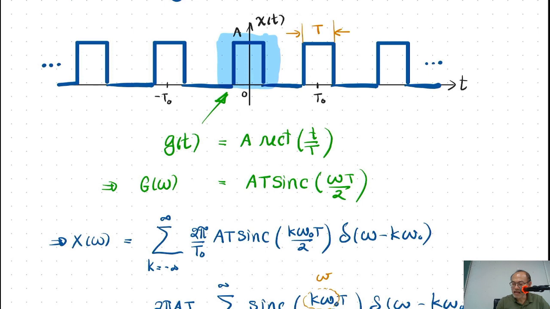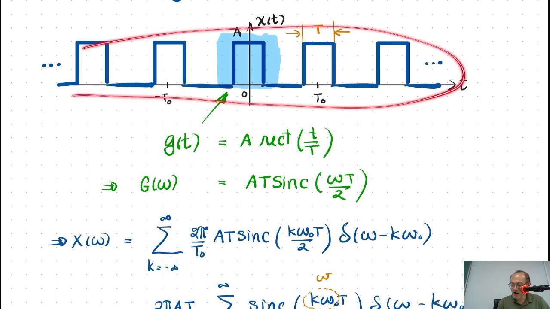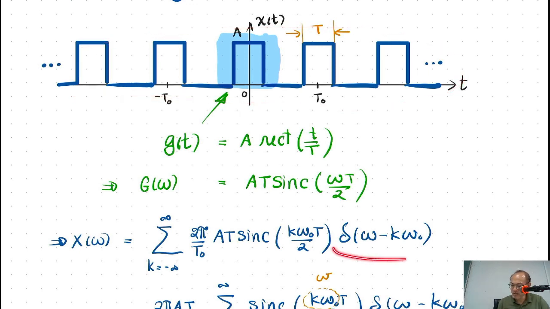You just have to take the Fourier transform of each pulse, and that would be your G. It could be a triangular shape signal. It could be a sinusoidal signal. It could be anything that you want. You just have to be able to take the Fourier transform of it, and the periodic part is just multiplying it with the delta at every omega 0.